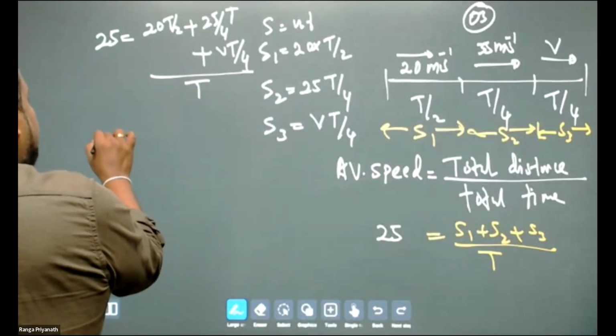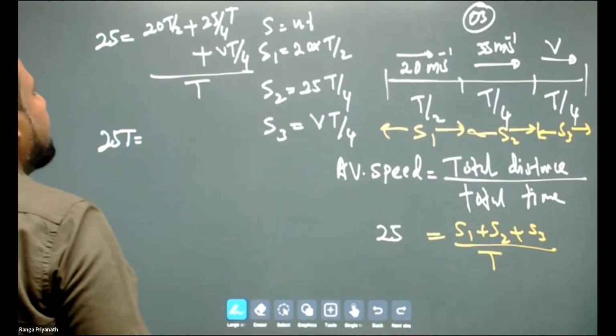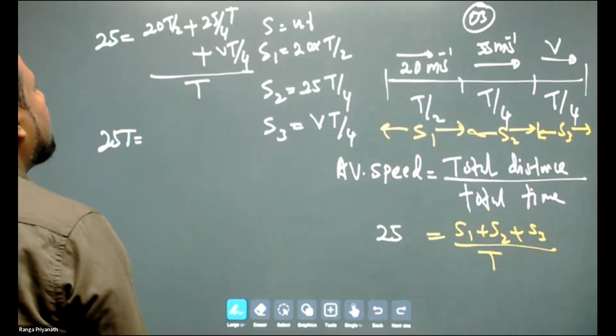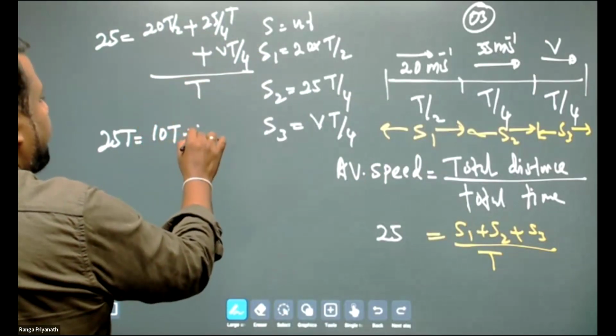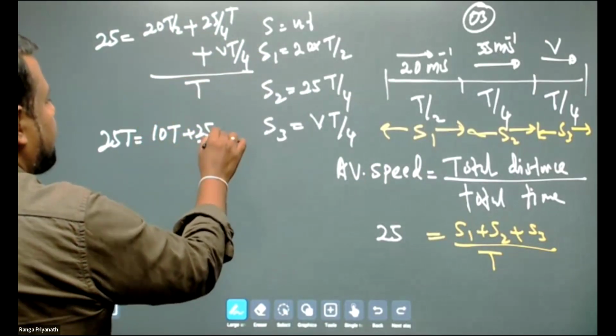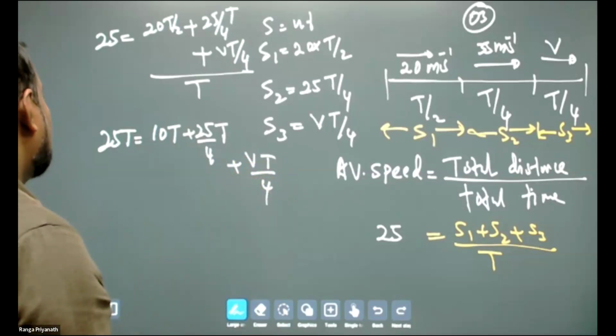If you cross multiply, you get 25T equals 10T plus 25T by 4 plus vT by 4.